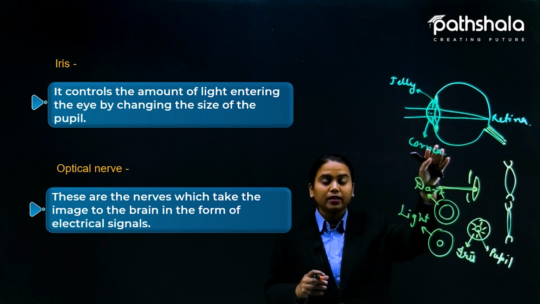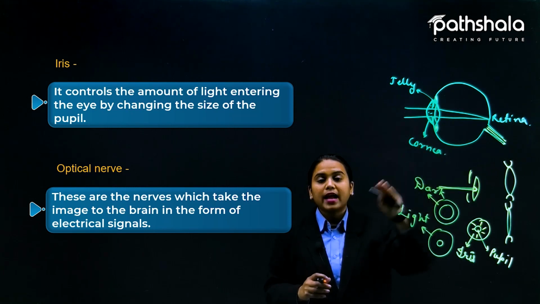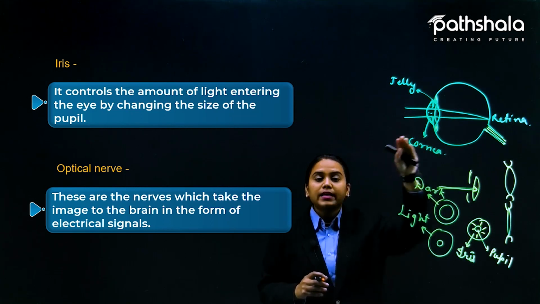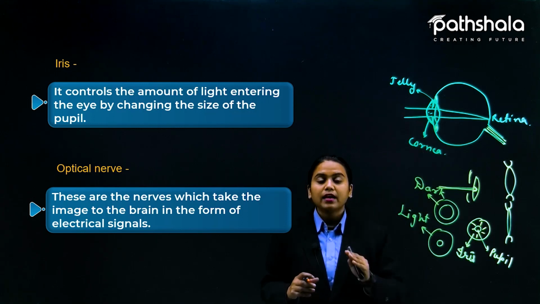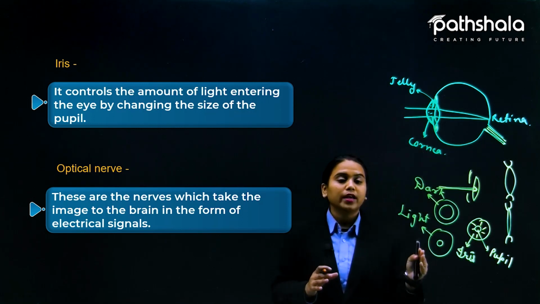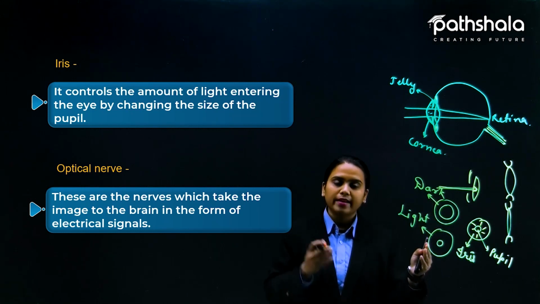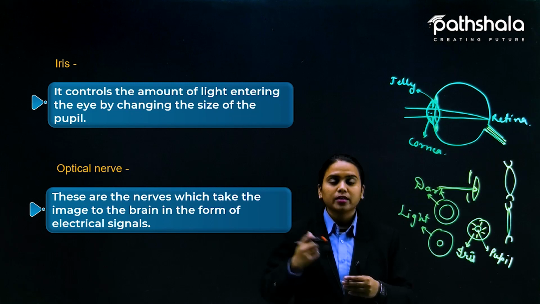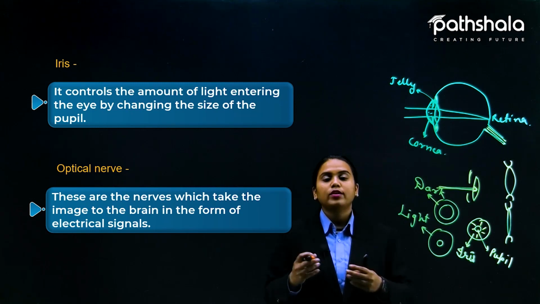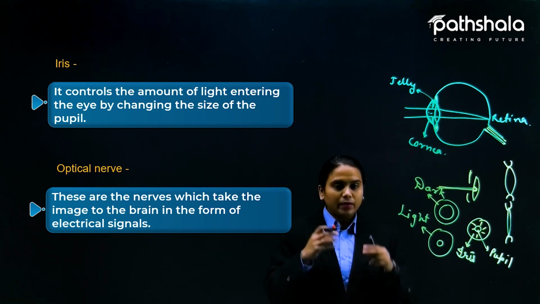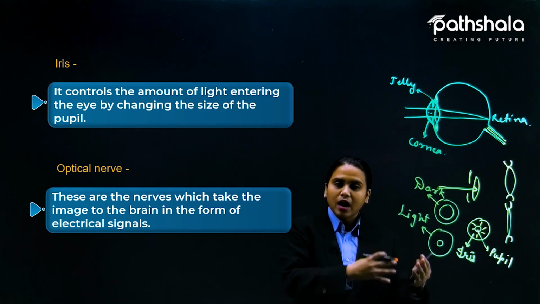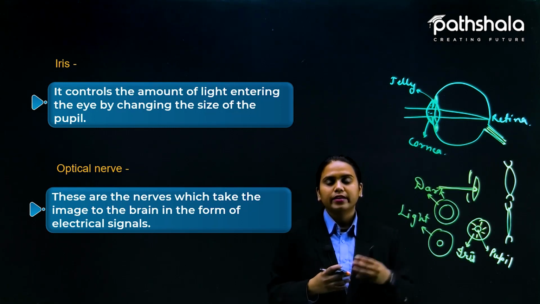In this chapter, the thing that could be asked in your exam is the human eye structure and various things like how the iris works in dark and in light, how the ciliary muscles work, and how the lens is going to adjust itself.